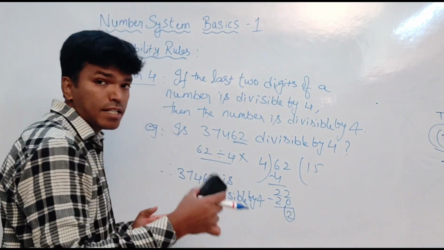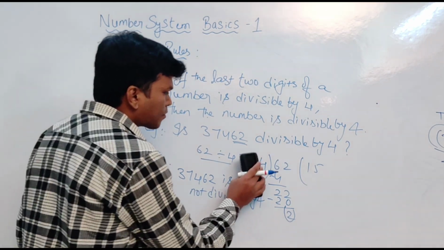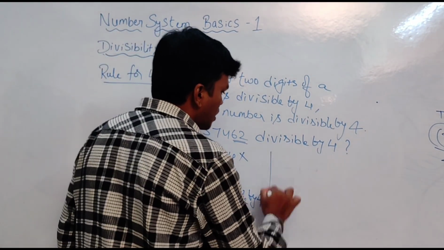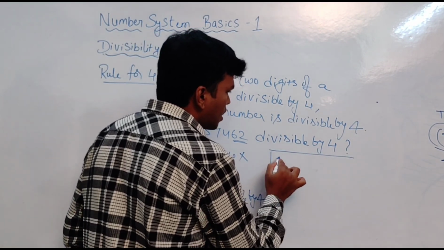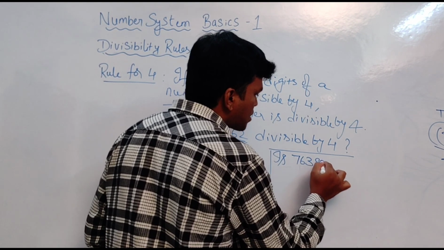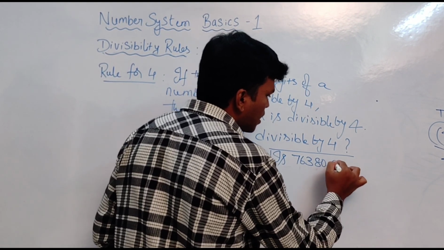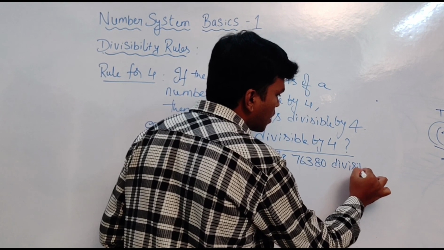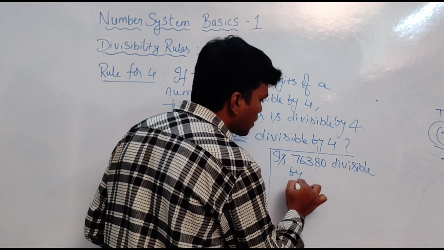Right? Let us take another example also. Is 76,380 divisible by 4?